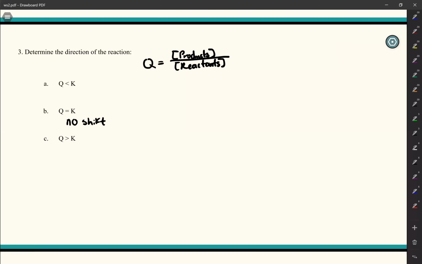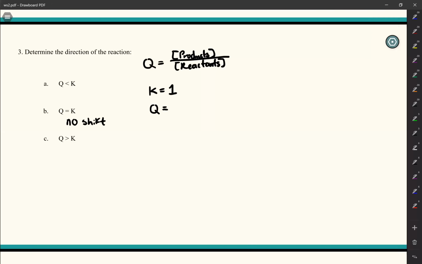So how about for A? If Q is less than K, how would we get a Q that is less than K? Well, let's pretend our K is equal to 1. If our K is equal to 1, we need to have a Q that is less than 1. In order to have a Q that is less than 1, we could mathematically increase the amount of reactants or decrease the amount of product.